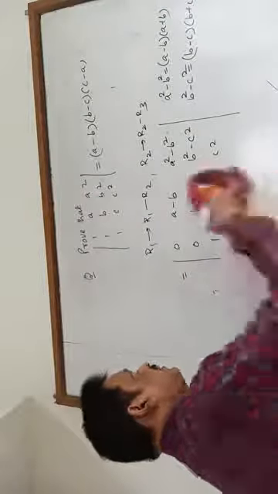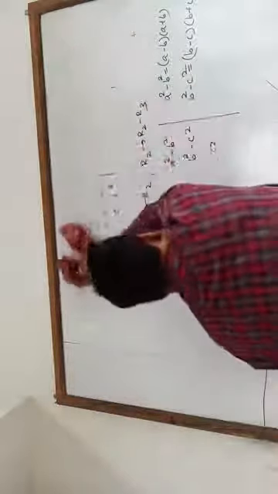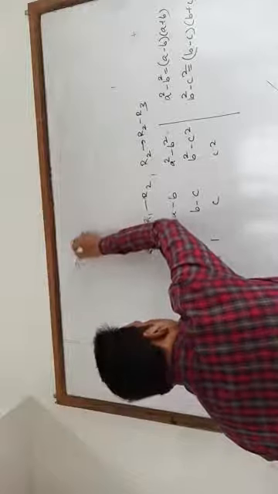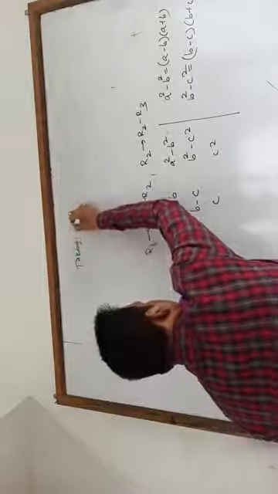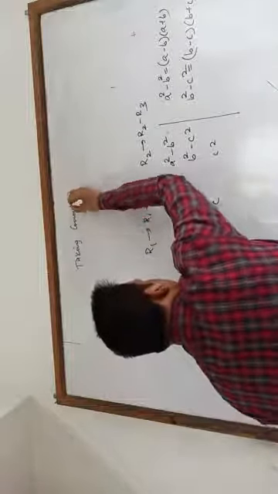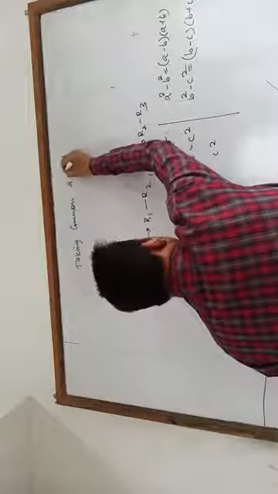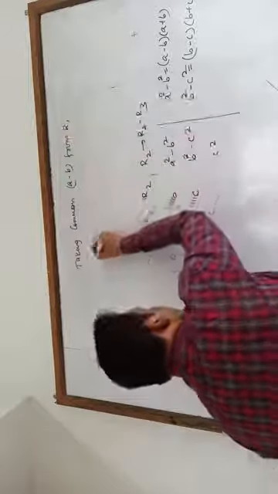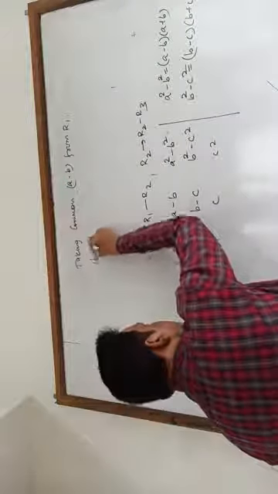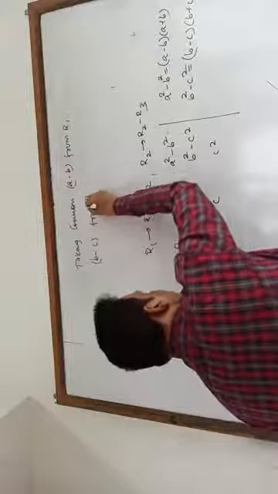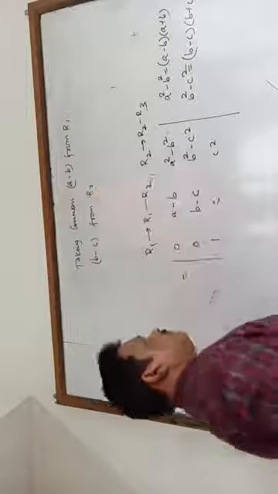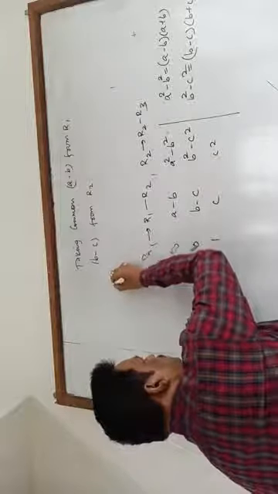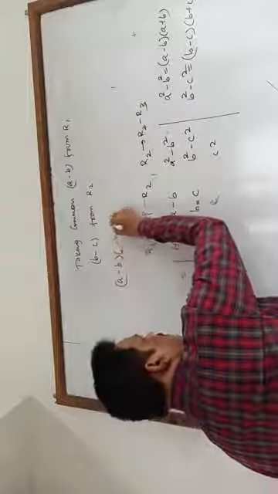So taking common a minus b from row 1 and b minus c from row 2, I'll get (a minus b)(b minus c).